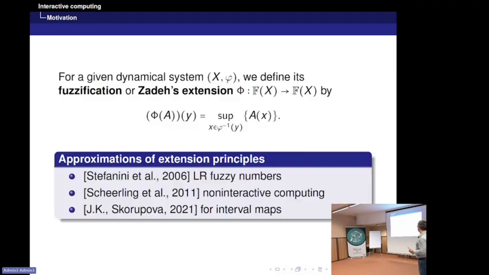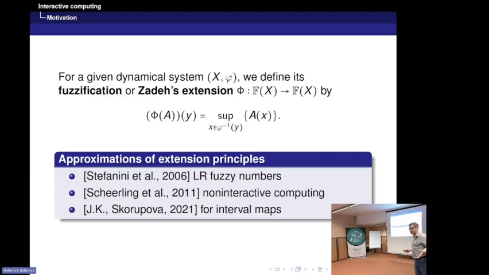However, when we start with difference equations, we realize that even simple difference equations are hard to compute because there are some technical difficulties. When we have this crisp dynamical system, the fuzzy dynamical system is obtained with the help of Zadeh's extension.